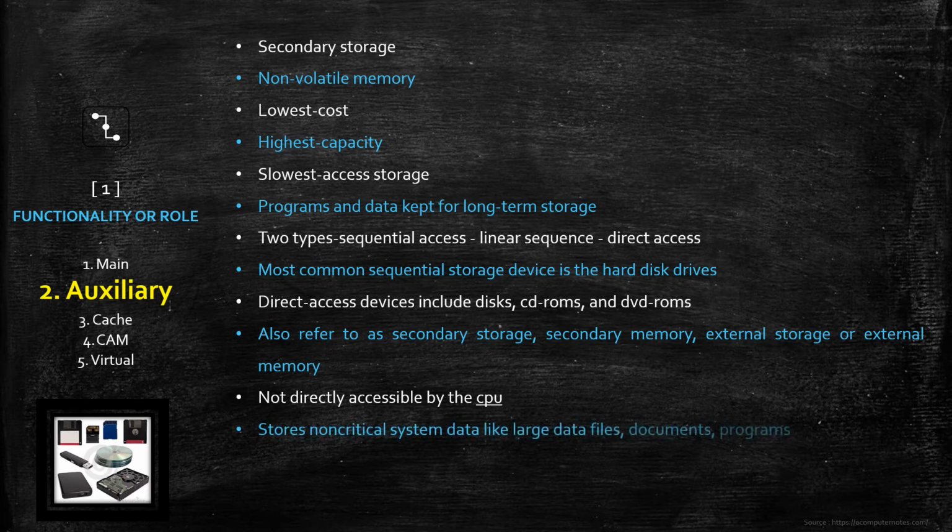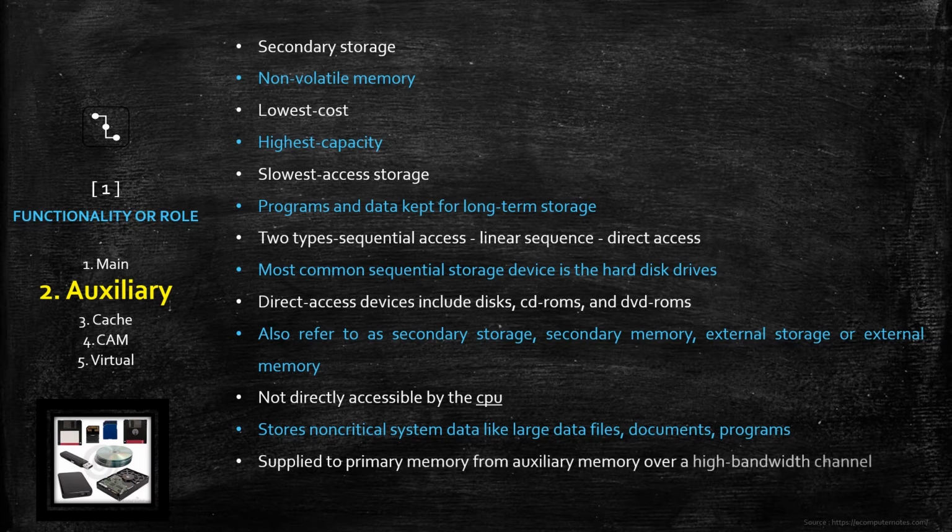It stores non-critical system data like large files, documents, programs and any other backup of information, and all this data will be supplied to the primary memory from the auxiliary memory. To transfer this amount of data it requires a high bandwidth channel. Of course, whenever it is needed, it will be copied from the secondary memory to the main memory.